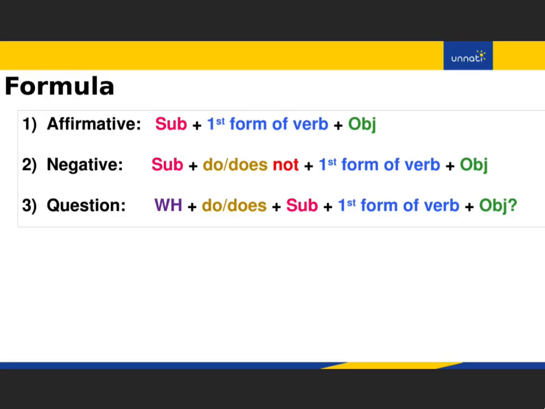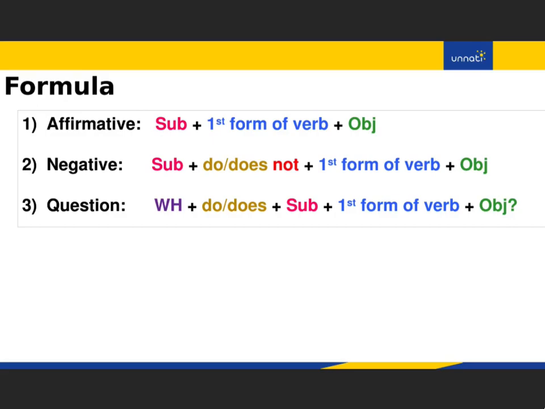So to make it a negative simple present, it is subject plus do or does not plus verb plus object. So I do not play football. What is coming in between is do or does not to change it to negative from affirmative. I do not play football.